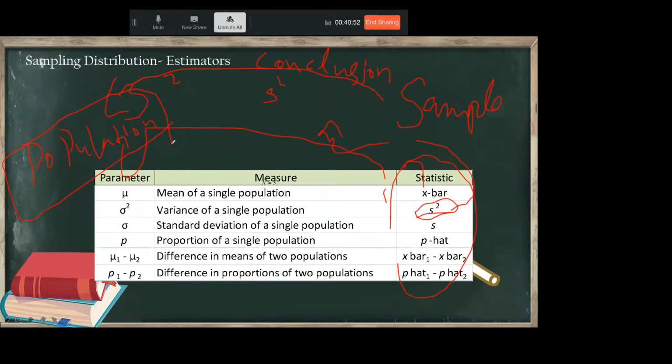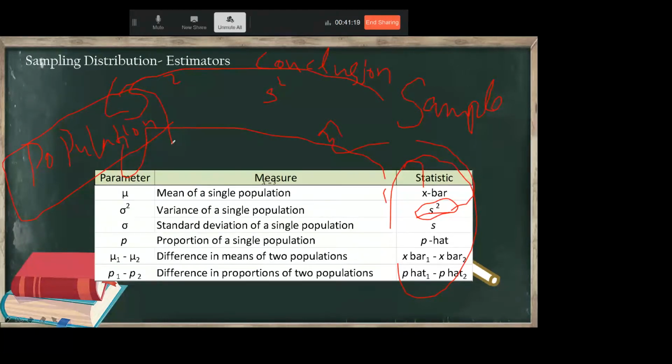For population, we don't calculate directly because we don't have enough resources, time, money, or people who would go and ask the whole population certain questions, get the data, and tell us the average, the standard deviation, mu1 and mu2, and different characteristics, right?